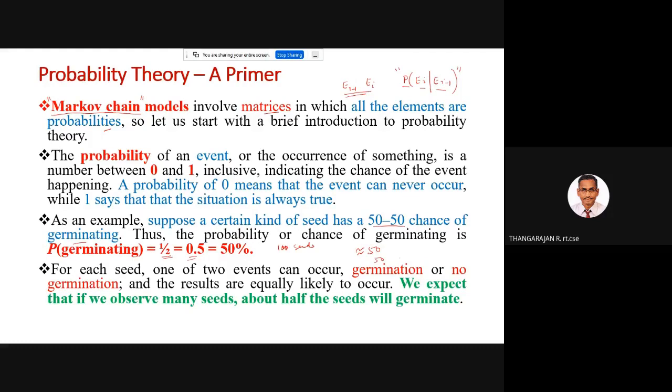So like that. There is always some uncertainty, but approximately you can say that when the number of seeds is high, say when we take 100 seeds, then the 50% chance will be something more or less, like what I said, say 45 to 55%. But if you take more than that, say 1,000 or 10,000 seeds, in that case what will happen?